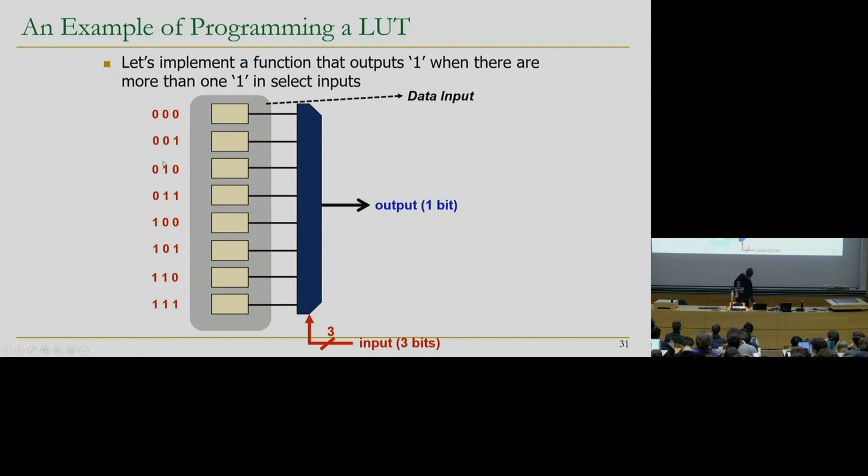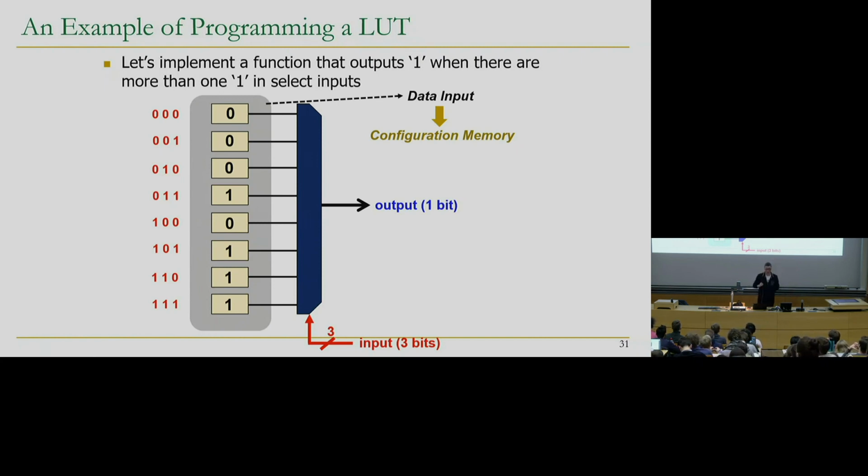And we would like to output 1 whenever there are 2 ones in this address here. It's pretty easy, right, programming such a simple circuit. What we need to do is just configure these yellow boxes to contain these values. So whenever we see 2 ones in the address or more than 2 ones in the address, we have to configure that corresponding cell with 1.